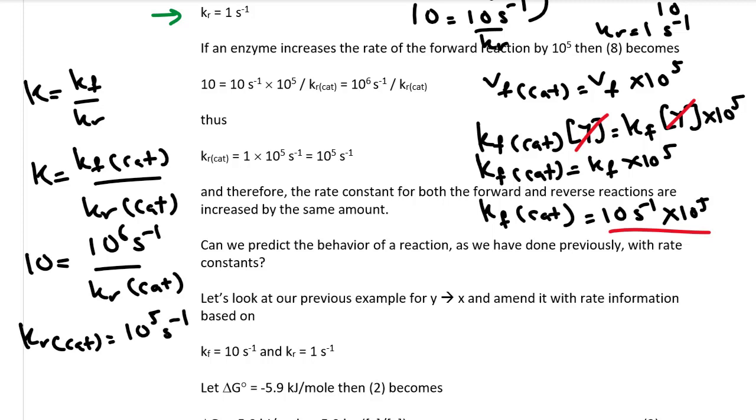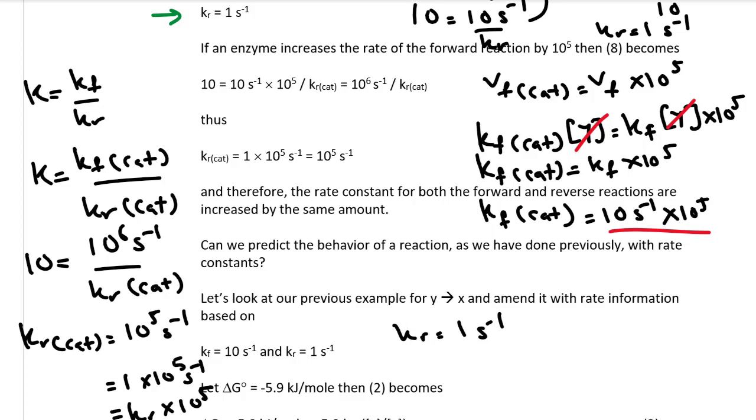And what is 10 to the 5 per second? 10 to the 5 per second is just 1 times 10 to the 5 per second, which is our original Kr times 10 to the 5. Because our original Kr was what? Our original Kr was 1 per second. Right?